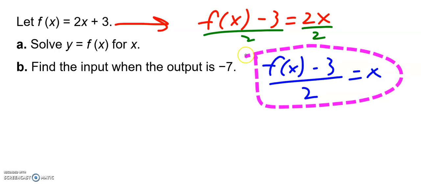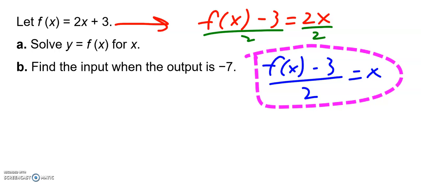The reason why I did that is because part B says find the input when the output is -7. So remember, when we have a function, this function notation is telling me x is the input and f of x is the output, or y is the output. So this is saying, for part B, the output is -7, find the input. And so that's why we solved for x, so that x is by itself. So if I plug in something for the output, I can find the input.